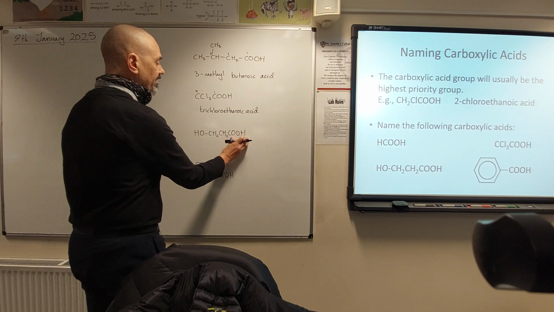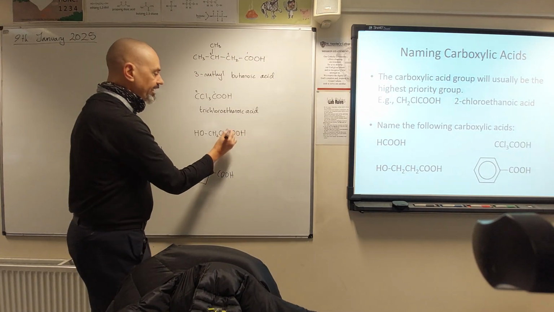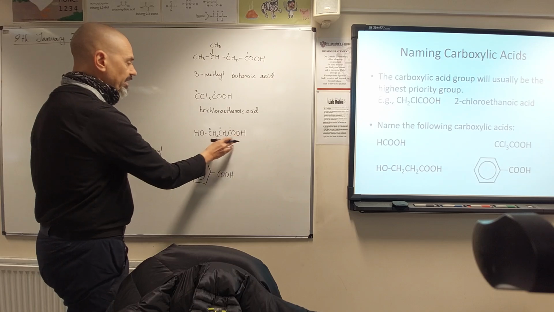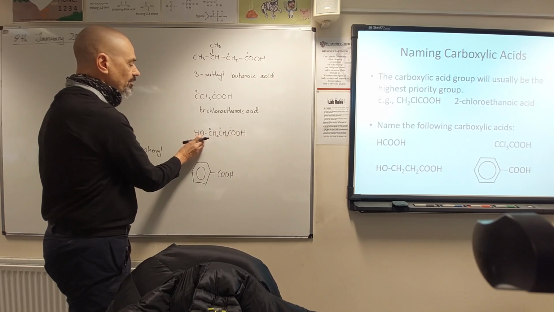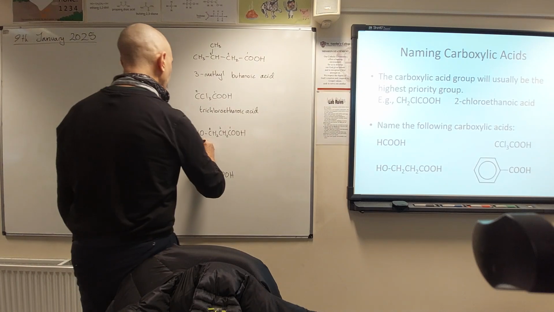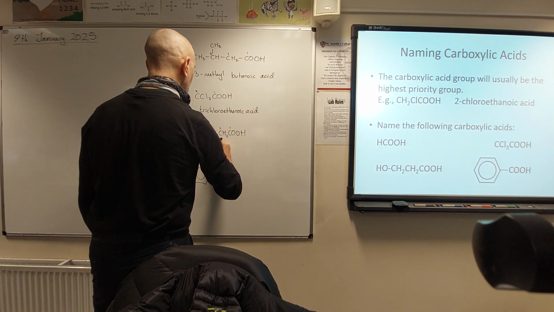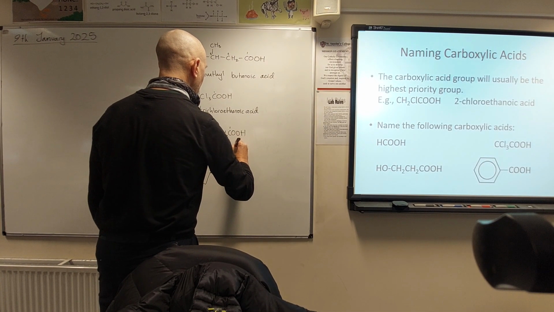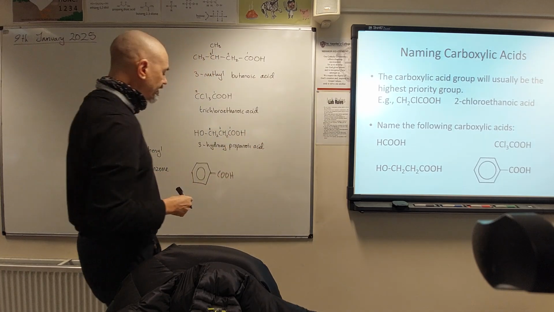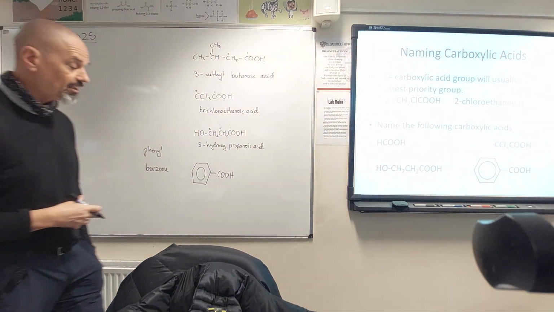So again, COOH takes priority, and that's carbon 1, so it's going to be propanoic acid with a hydroxy group rather than an alcohol. So 3-hydroxypropanoic acid. And then this molecule has various names.